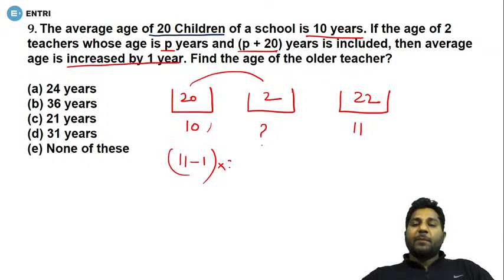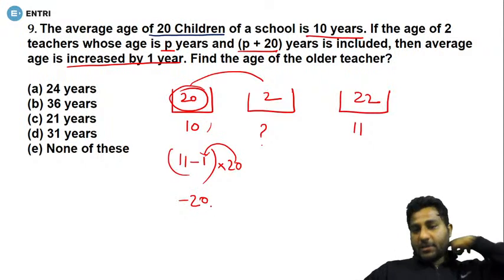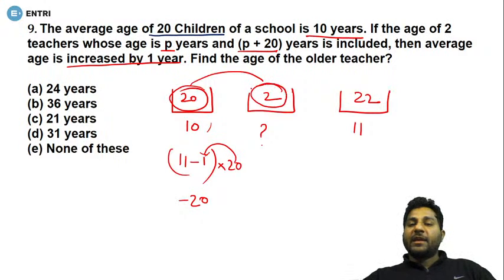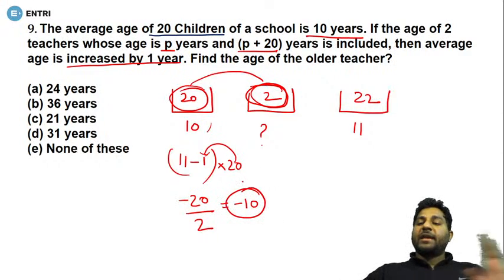But it is of 20 children. That means your left side will be less by 20 years. And if we have to find the age of two persons, we will divide it by 2. Then the average value will be less by 10 years.